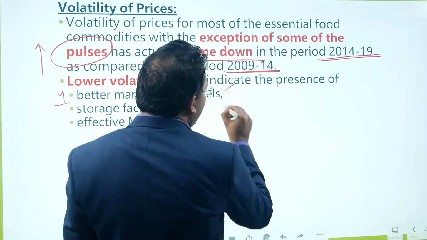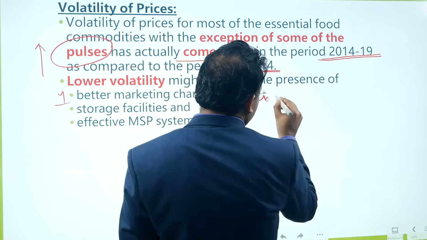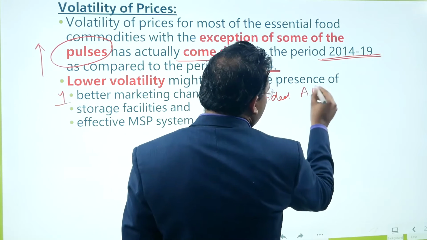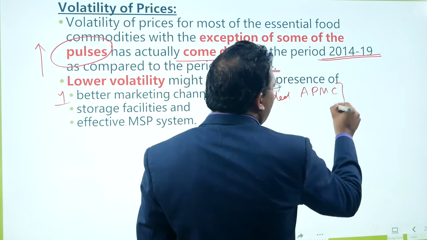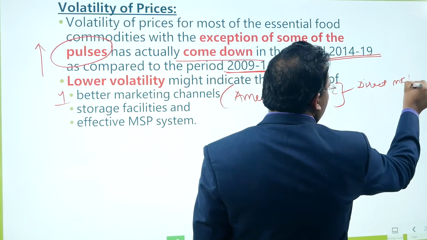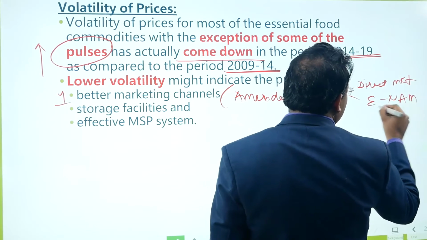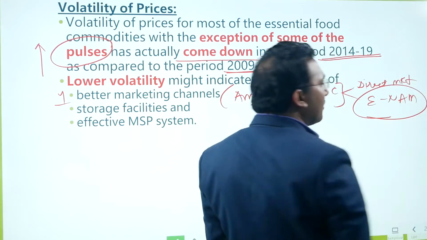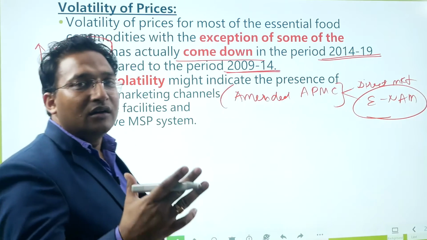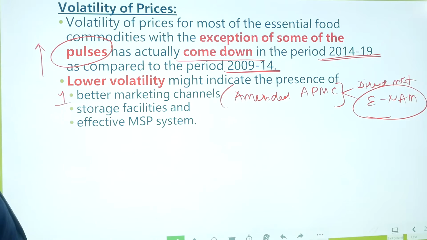So we have amended the Agricultural Produce Marketing Committee Act, amended APMC Act, under which we have allowed direct marketing, we have allowed electronic national agricultural marketing, which is a web platform where the buyers and sellers of agricultural commodities come together and negotiate at a national level.